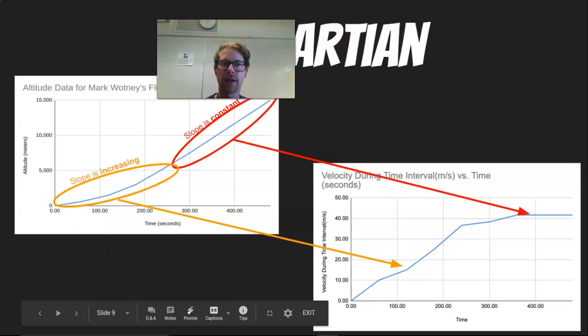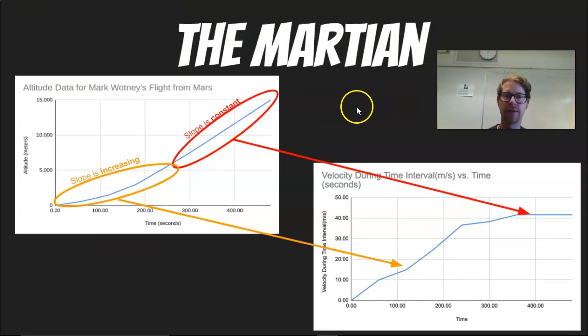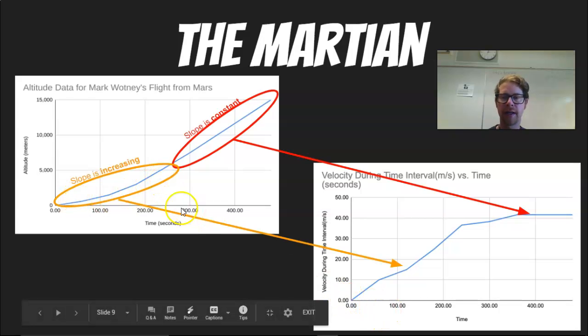So let's see what it looks like when we connect these two graphs. Notice in this first part, when the slope is increasing in the position graph, the velocity is going up, right? It's not necessarily curving the same way. In fact, this is roughly, with a few bumps in it, a linear increase in velocity for this nonlinear change in position.